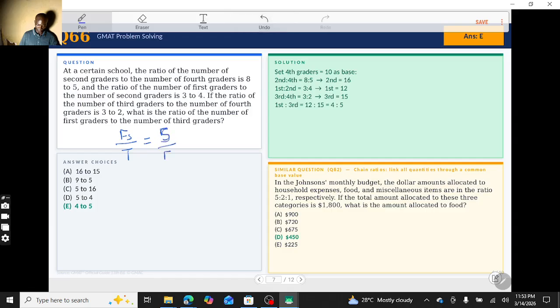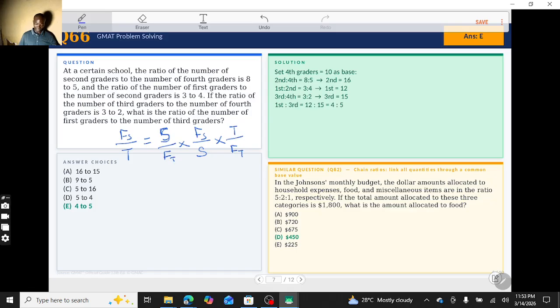Second to fourth times the next one we are looking for. The next one stated here is the ratio of the first over second, times, finally, the ratio of the third to the fourth.